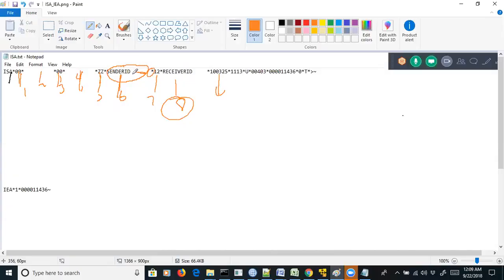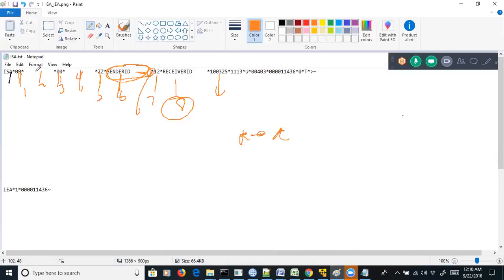Your elements are separated by the element separator, right? So this entire thing makes one element. Two elements will be separated by only the element separator. Okay. Got it.